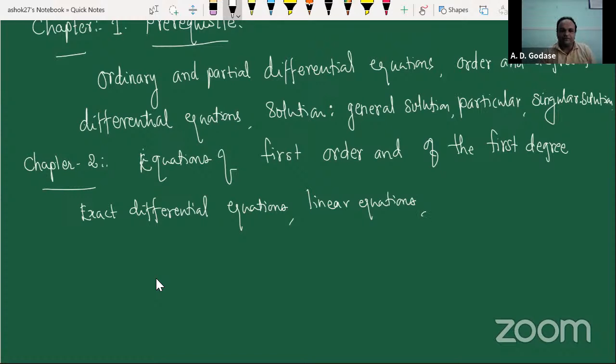So we'll see three types of first order and first degree differential equations: first, exact differential equations; second, linear equations; and third, equations reducible to linear form. So this is chapter second.